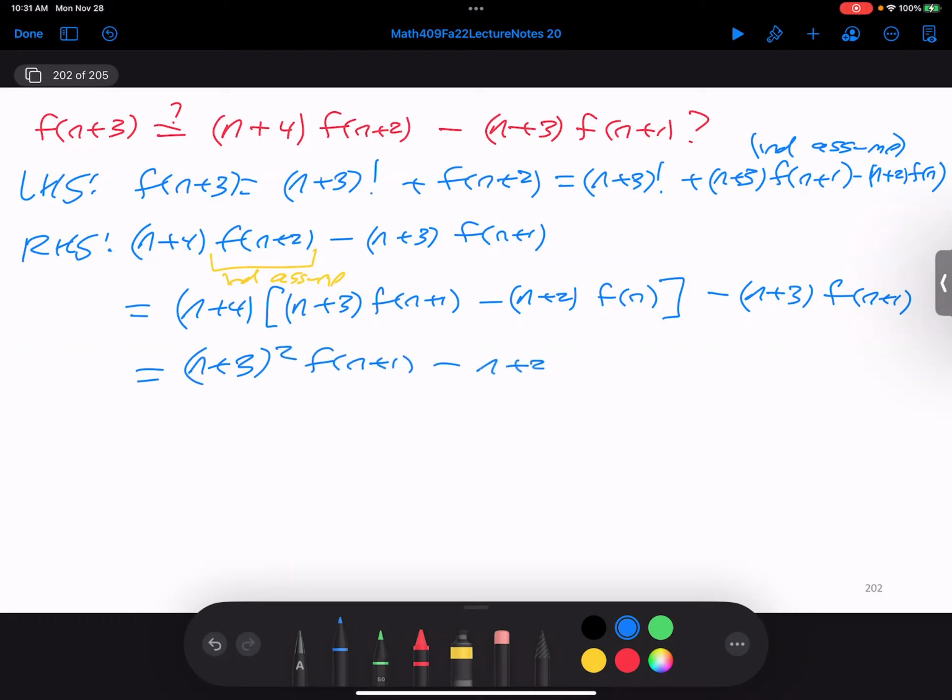Minus (n+2) Fn. I think you'd have to distribute out the n plus 4 of that to (n+2) times (n+4). Oh, and this should be an n plus 4 here, right? Fn.